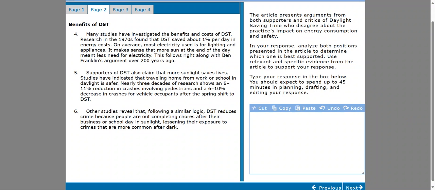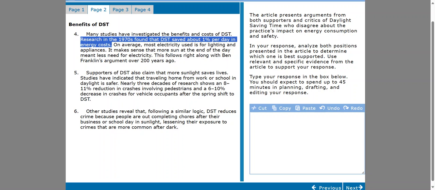Okay, I'm going to pause for a minute, writers, to focus on what we have in this particular paragraph. We definitely have this idea of research in the 1970s found that DST saved about 1% per day in energy costs.